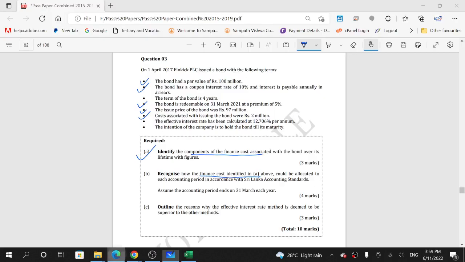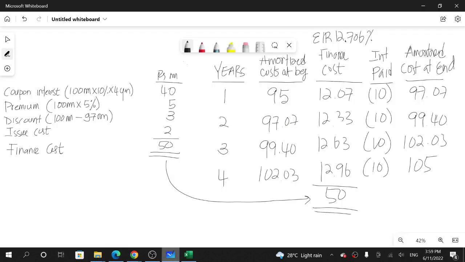Okay, right. Then part C of the question asks, outline the reasons why the effective interest rate method is deemed to be superior. Why do you refer to this method as a superior method? Because this is a logical method to allocate the total finance cost in proportion to the amortized cost of the instrument, in proportion to the outstanding balance.